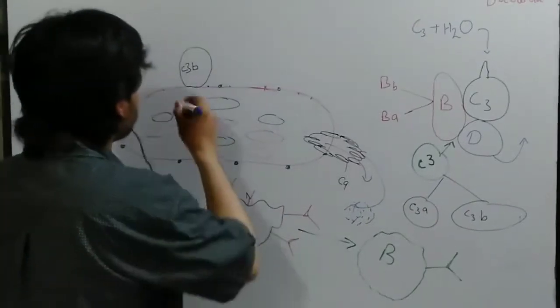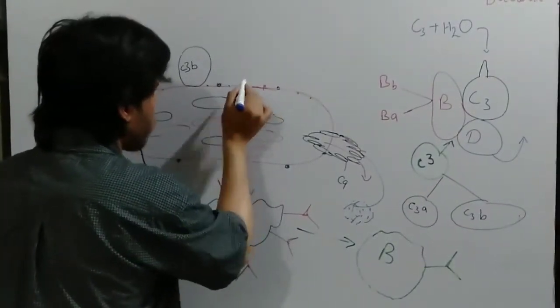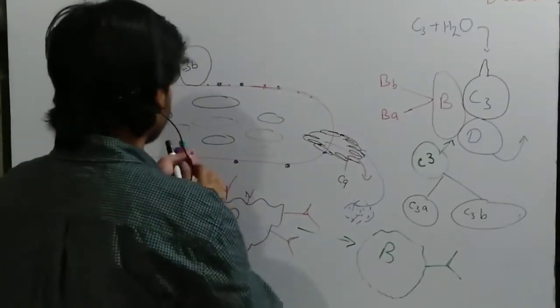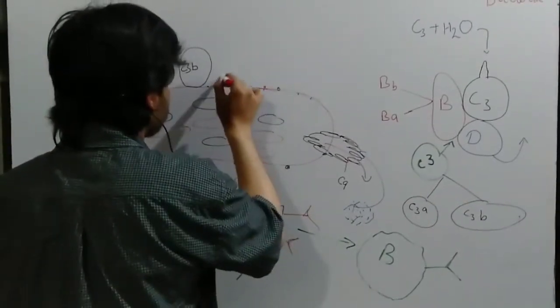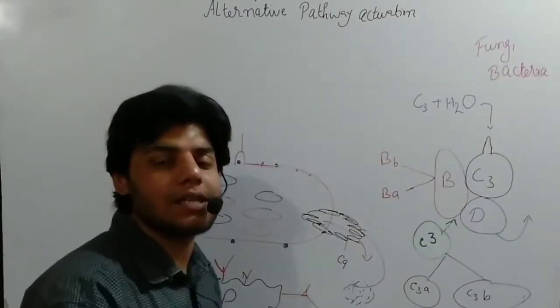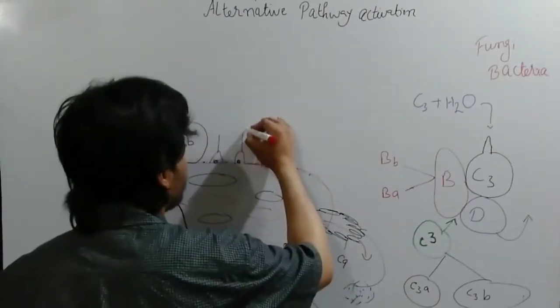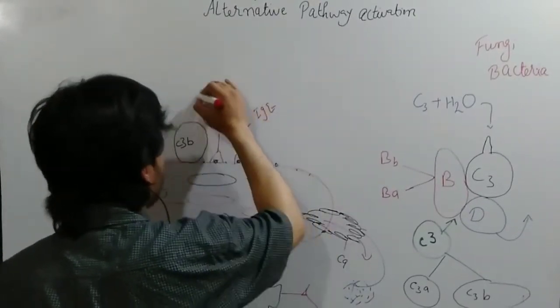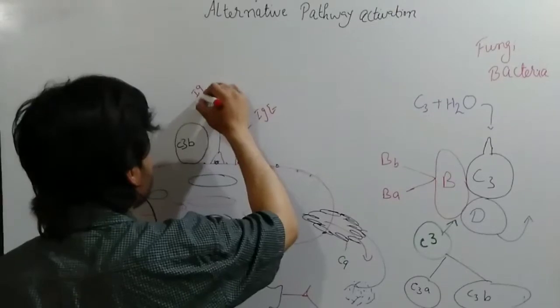Let's say the antigen is present at that specific area. After that, the antibodies are bound. So let's say this bacterial cell is coated by two antibodies, one antibody is IgE, while the other is IgA.